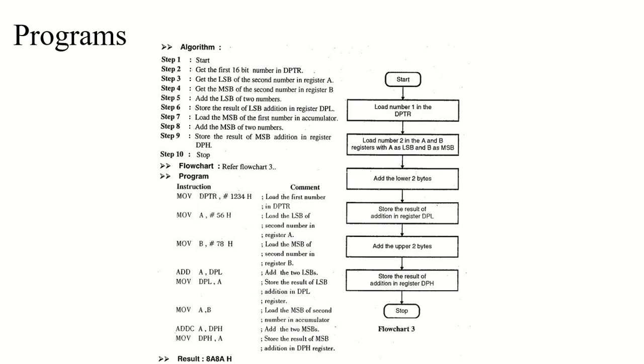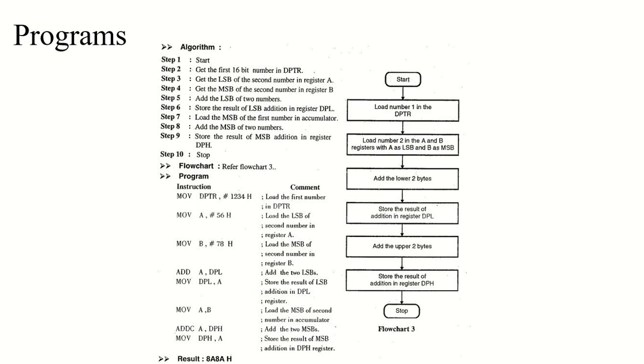The problem statement is: write a program to add two 16-bit numbers. Let the numbers be 7856H and 1234H. We have to store the result of the addition in the data pointer register, DPTR. Either way, this is a 16-bit addition, so we have to store it in the data pointer.